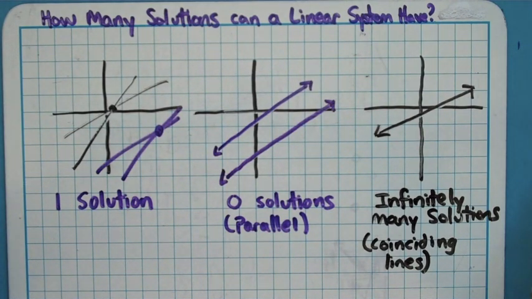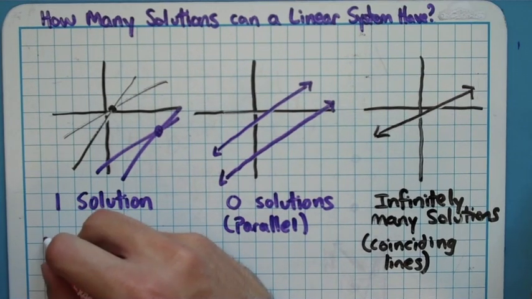So, to close out this video, I have three different vocab words that I'd like to tell you about. Just another way of referring to these three situations that you see before you here. The first example, when we have our problem right here where there's just one solution, is called an independent system.